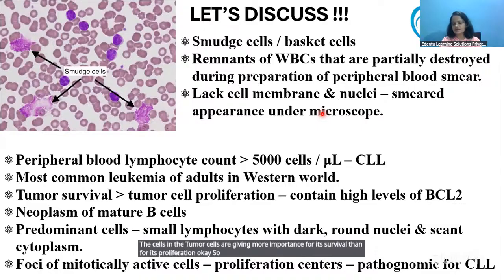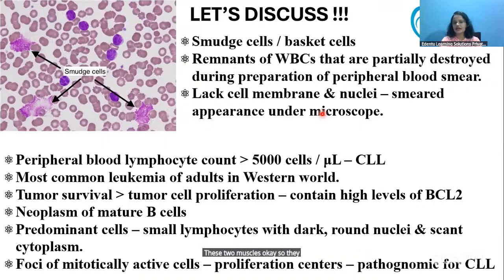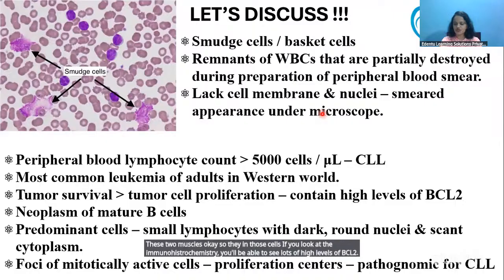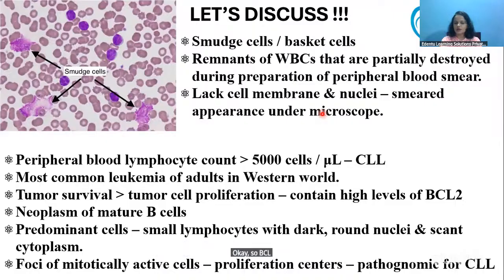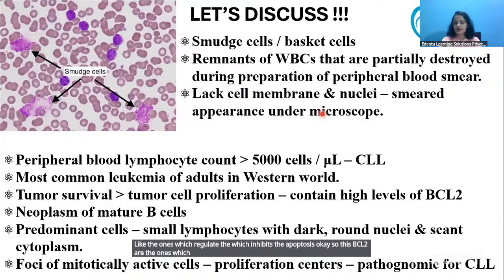They try to survive somehow. If you look at the immunohistochemistry, you will see high levels of BCL2, which inhibits apoptosis. So such high levels of BCL2 will be present in chronic lymphocytic leukemia.